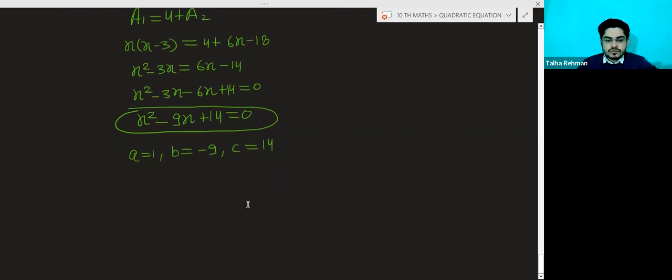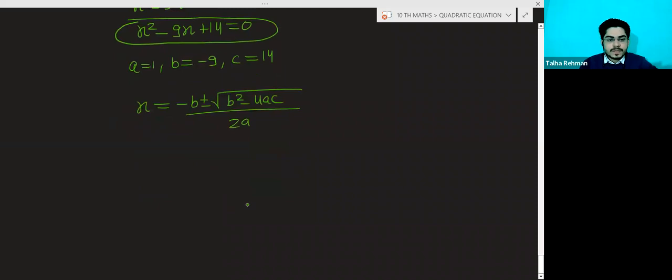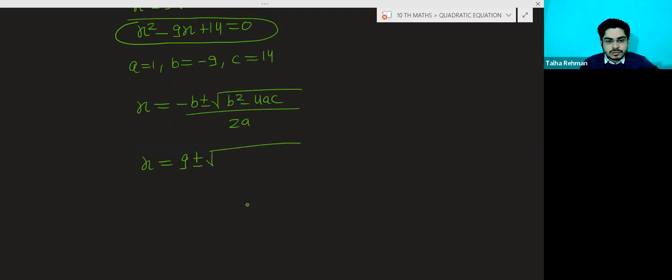So we will apply this formula. x is equal to minus b plus minus under root of b square minus 4ac divided by 2a. So x is equal to, put the value of minus b, means plus 9, plus minus under root of b square, means minus 9 square, minus 4ac, 4 into 1, c is 14, divided by 2a, a is 1.